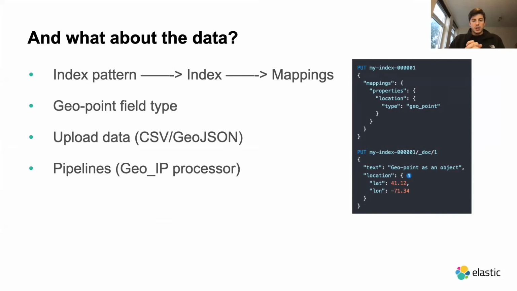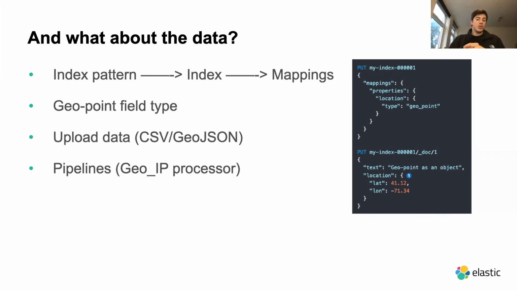Of course, data needs to be inside of an index, and you need to create an index pattern for that index inside of Kibana. But even more so, data needs to be properly modeled or ingested to Elasticsearch. And the geopoint data type is something that you will need if you want to represent coordinates inside of a map.